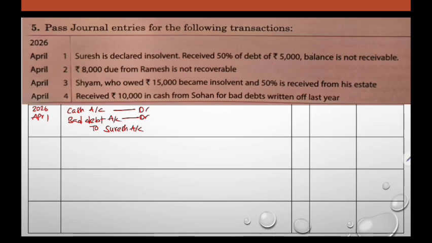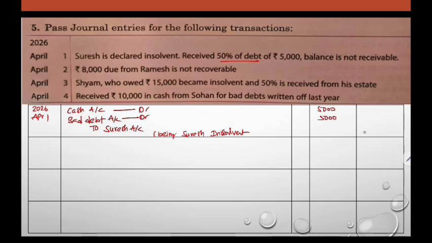Narration: being Suresh insolvent. The amount will be cash we received 5,000. It is 50% of debt he mentioned, not 50% of 5,000.